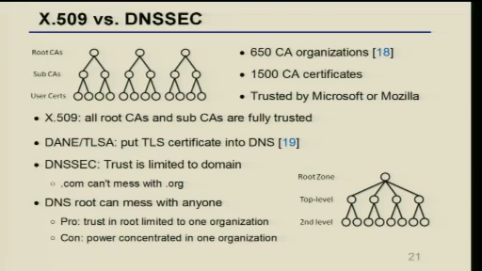And more than 1,500 root CA certificates are actually trusted by your web browsers. And the problem with X509 is you can't really delegate only a part of a trust. So you can't say, let's say this CA is only allowed to issue certificates for this and this domain. This is not possible. If you have a CA, it can issue certificates for every domain.